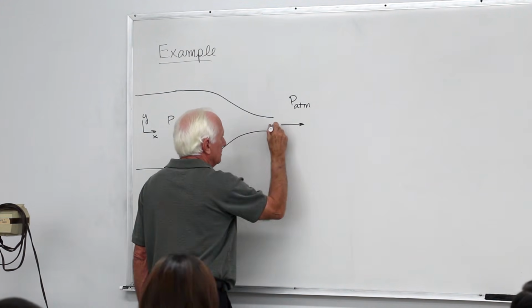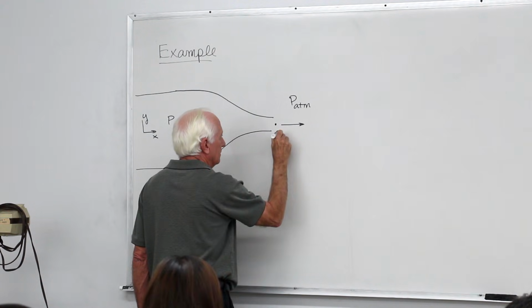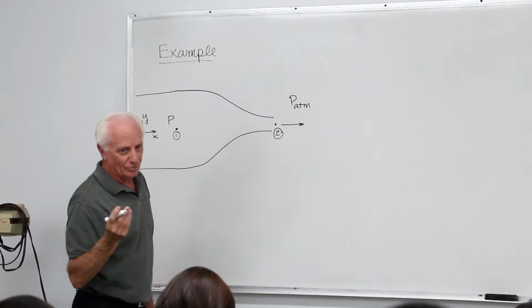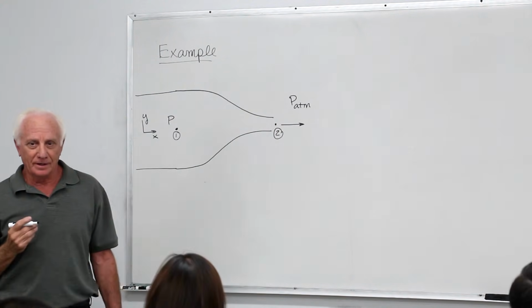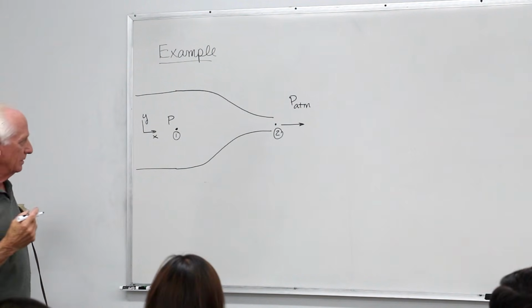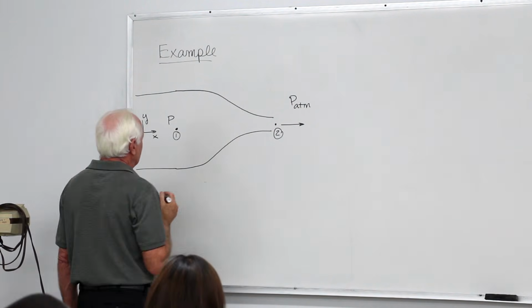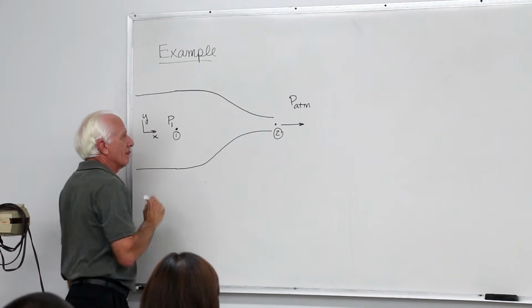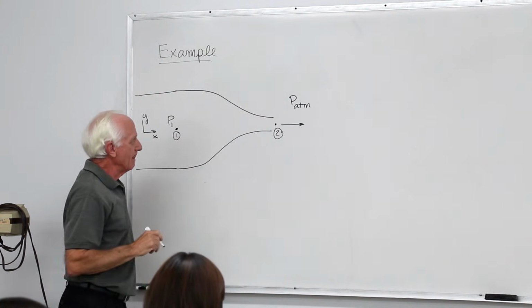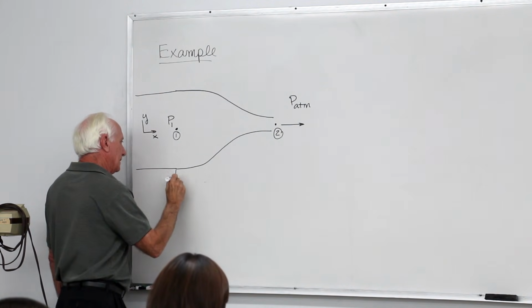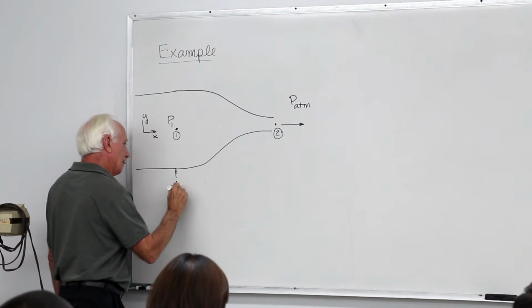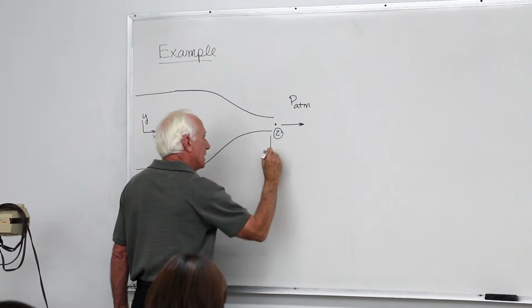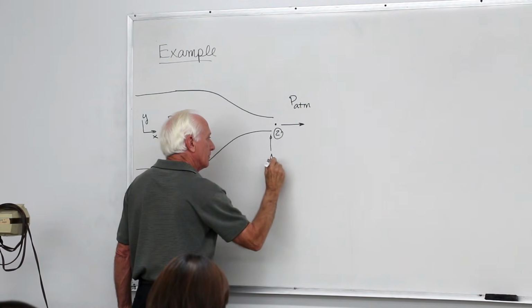Why? One reason is I know the pressure there. It's 0, atmosphere. So this is P1, and that's P atmosphere over there. I'm going to call this area A1, and this area I'll call A2.